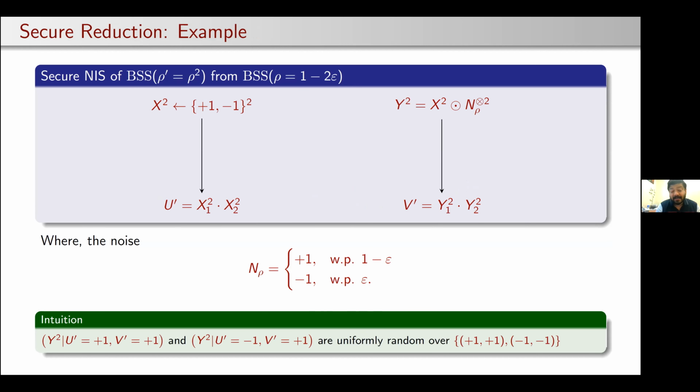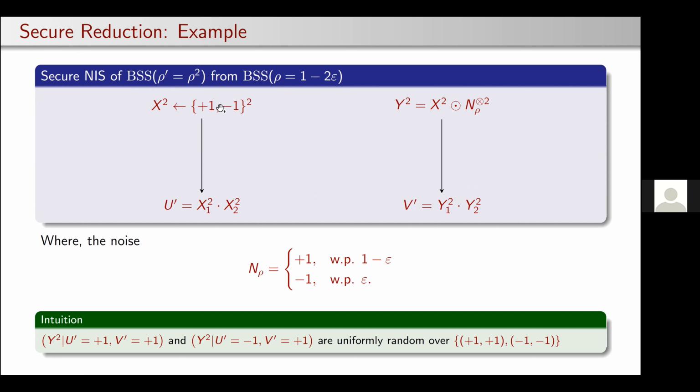Next, let us consider a secure reduction. In this case, we have a binary symmetric source that flips the symbols with probability epsilon. And our objective is to construct a new binary symmetric source whose maximal correlation is the square of the source's maximal correlation.